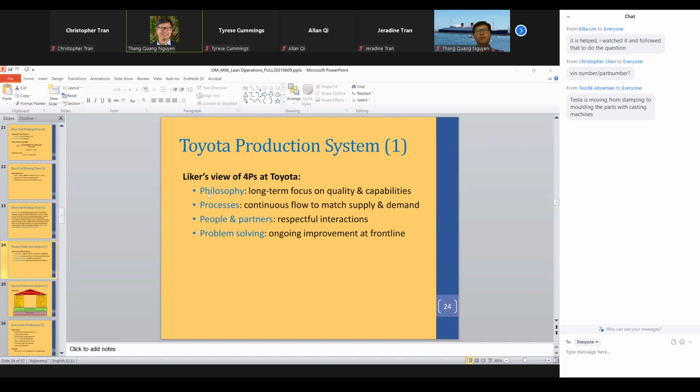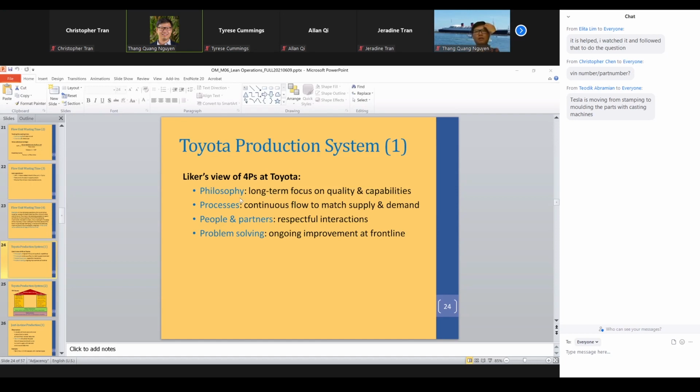The first P is about philosophy, right? Long-term focus on quality and capabilities. So the quality here needs to meet the customer expectation, and then we would have high capabilities to meet our own design specification, right?